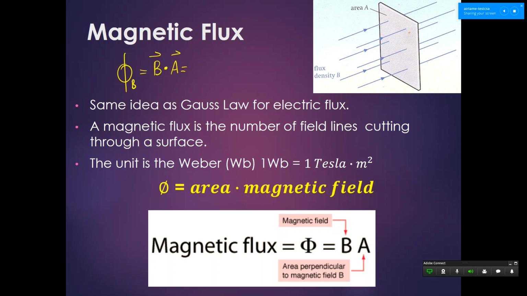What's that? It's going to be equal to 0? No, not quite. It's only going to be equal to 0 if they're parallel. Exactly, yeah. So it's the magnitude of B times the magnitude of A times the cosine of the angle between them.